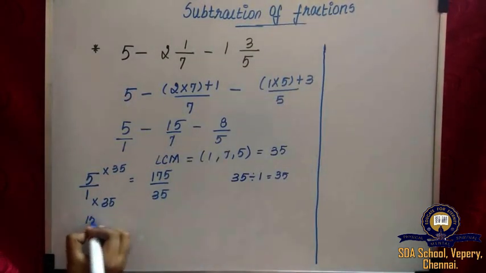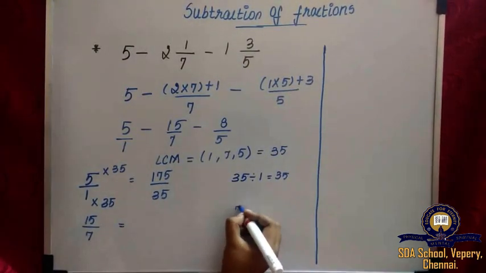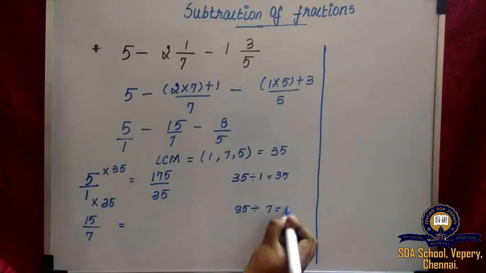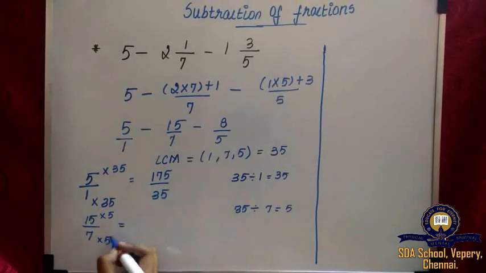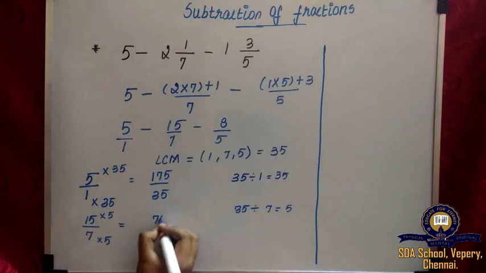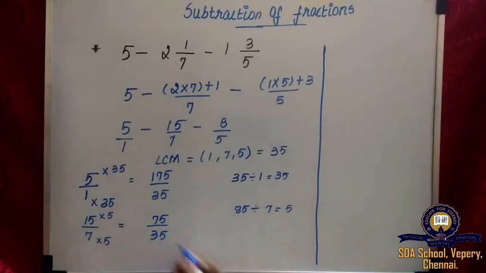Next is 15 by 7. So 35 divided by 7 is equal to 5. So we need to multiply the numerator and denominator by 5. 15 into 5s are 75 by 7 5s are 35.